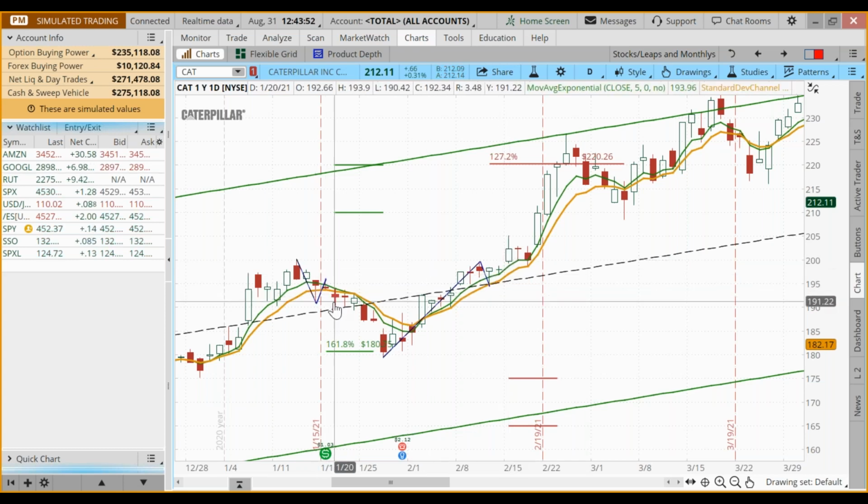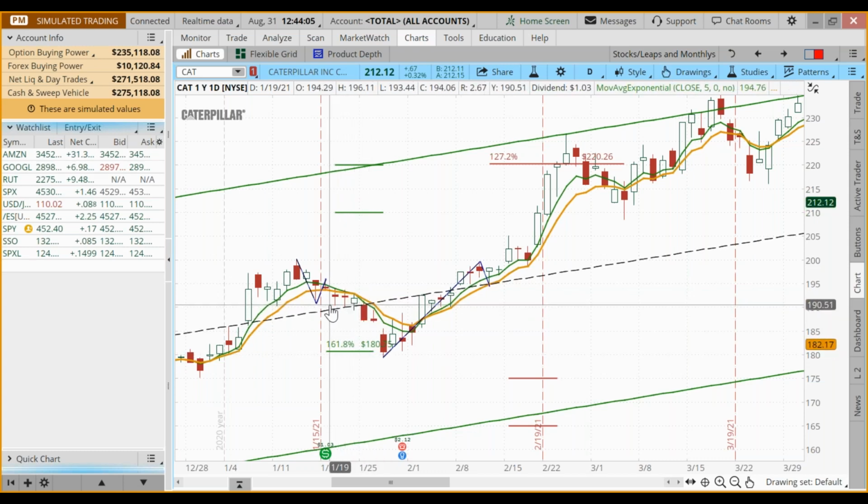Like this one right here made a measured move and I got in as soon as it clicked. Well, the next day it was up a little bit. The next day it was up a little bit. I could have waited a couple days here, but I got in here and it was 1, 2, 3 days before it actually worked in my favor.